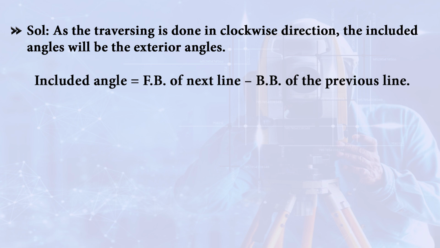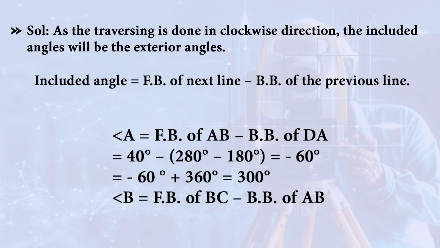So, the included angles will be the exterior angles. The included angle is given as the forebearing of the next line minus the back bearing of the previous line, as we discussed earlier. So, the included angle A is equal to forebearing of AB minus back bearing of DA, that is 40 degree minus, since forebearing of DA is given as 280 degree, we can easily calculate back bearing of DA equal to 280 degree minus 180 degree.